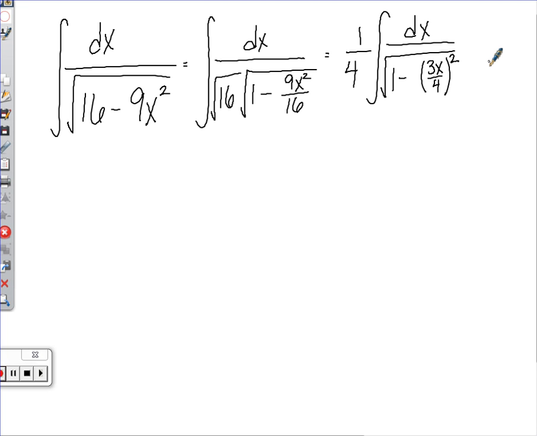And then set up u substitution. u equals 3x over 4. du equals 3 over 4 dx. Ooh, but wait. I'm having trouble with dx. But last time it worked out so nicely.